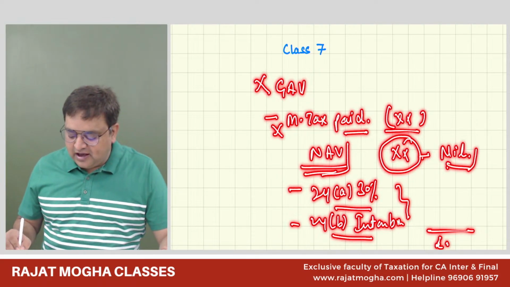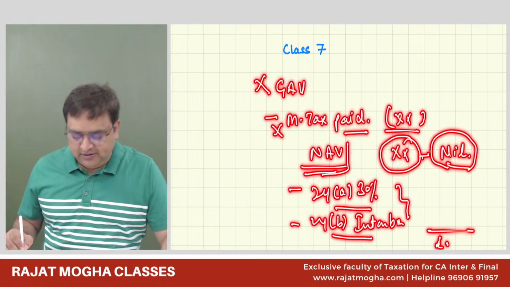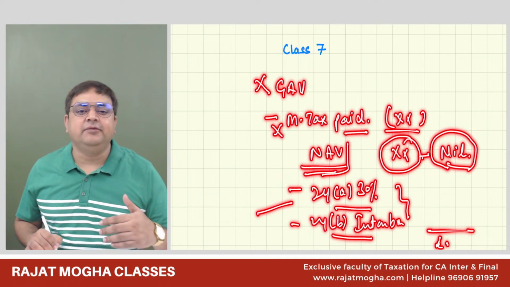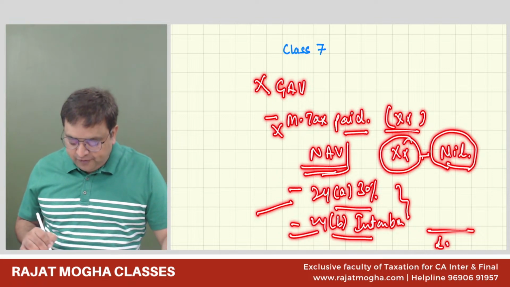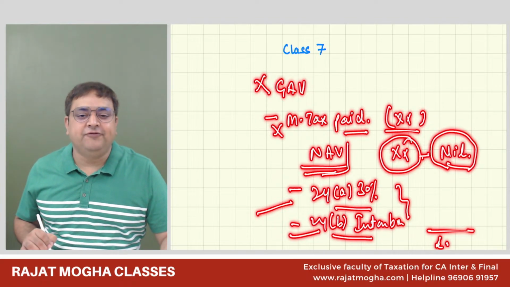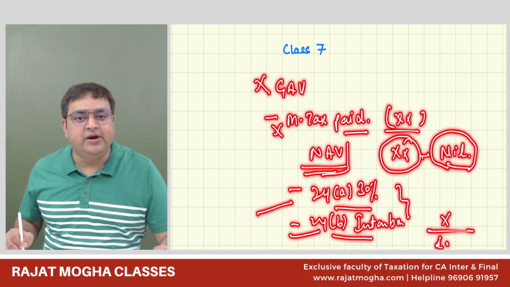In case the house property is self-occupied throughout the year, NAV is nil. 24A will automatically be nil. Why? Because it is 30% of NAV, and 30% of nil is nil. For 24B, how much is the interest allowed? Now it depends on which regime we are following. If we are following default tax regime, we don't allow any deduction with respect to interest in case of self-occupied property.